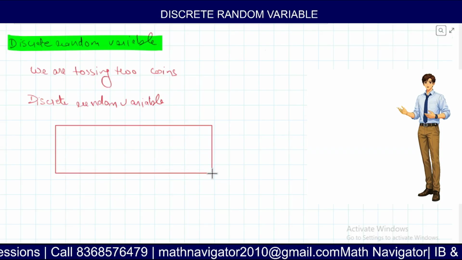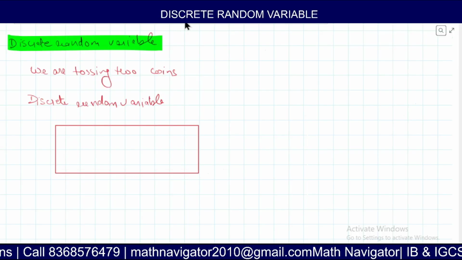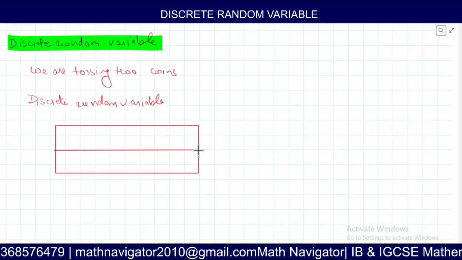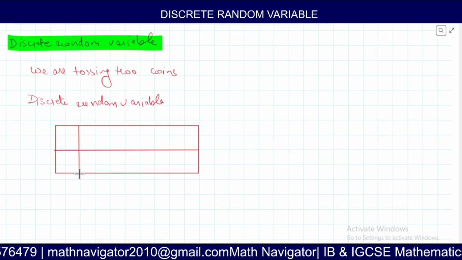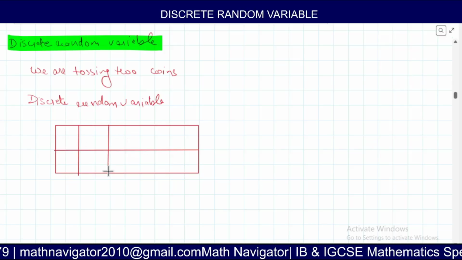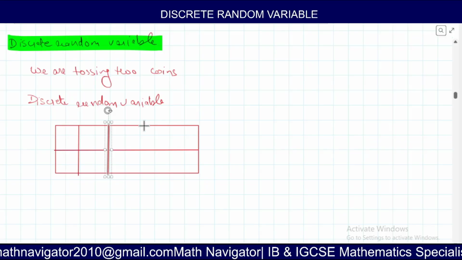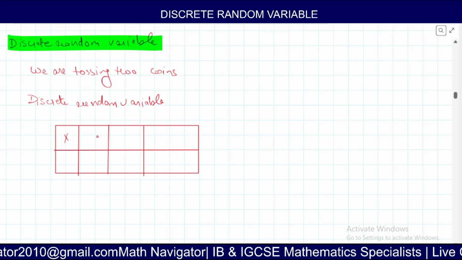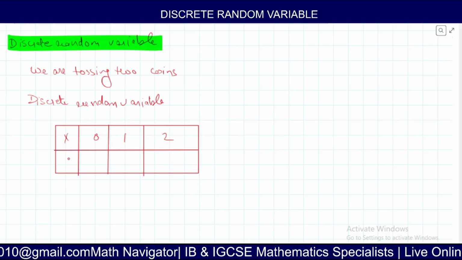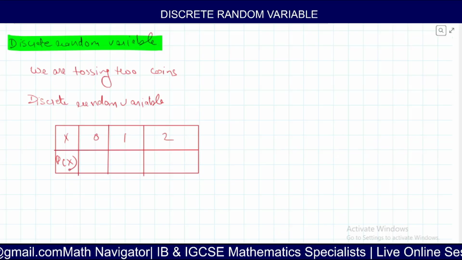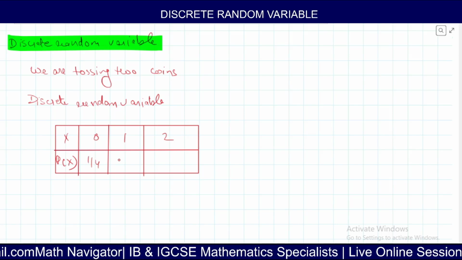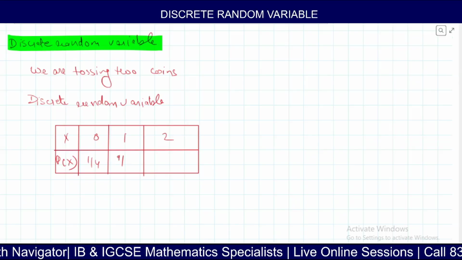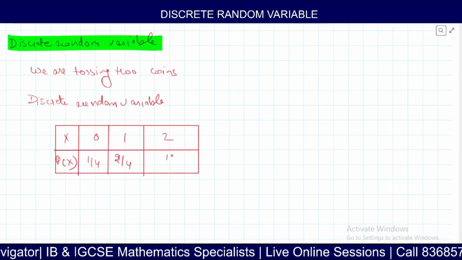This is how I will construct my table: zero heads, one head and two heads. So x is 0, 1, 2 and probability of x is 1 by 4, 2 by 4 and 1 by 4, right?